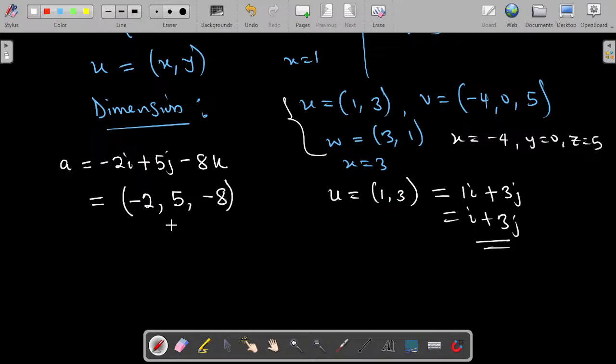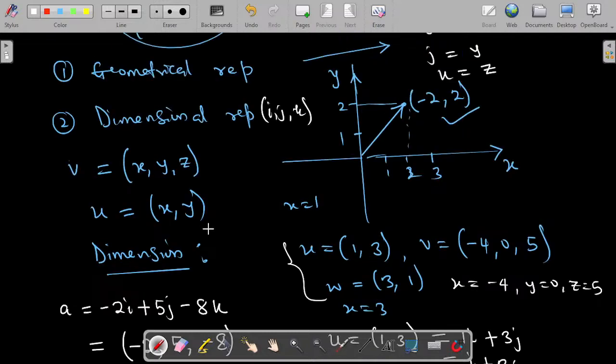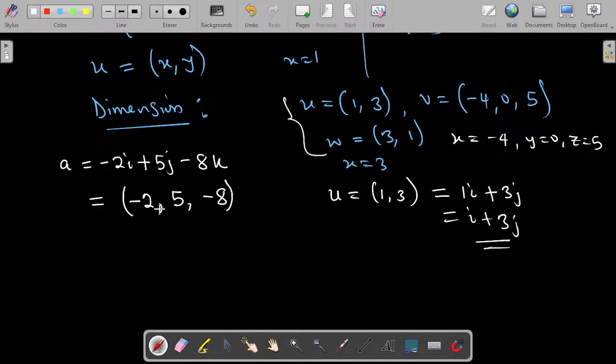Because when it comes to exams or examples, we can use any of these representations to ask you questions. We can give you a vector in a diagram form, that's geometric, like this. We can give you a vector in the bracket form, and we can give you a vector in the ijk form. So you should be able to relate all of them and use them to solve problems.